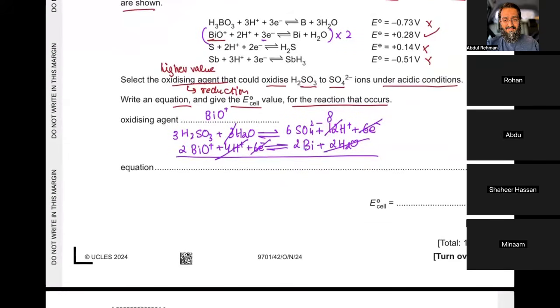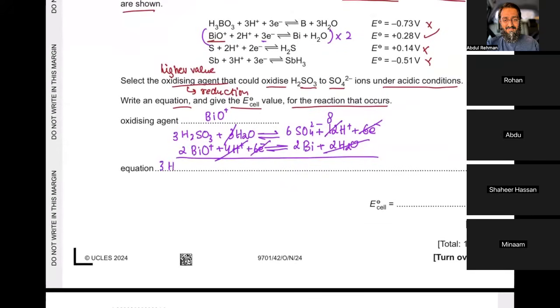So in the net equation, 3 moles of H2SO3 plus 2 moles of BiO+ plus water, and you only make a one-direction arrow on the right side only, gives 6 moles of sulfate, 2 moles of bismuth, and 8 moles of hydrogen ions.